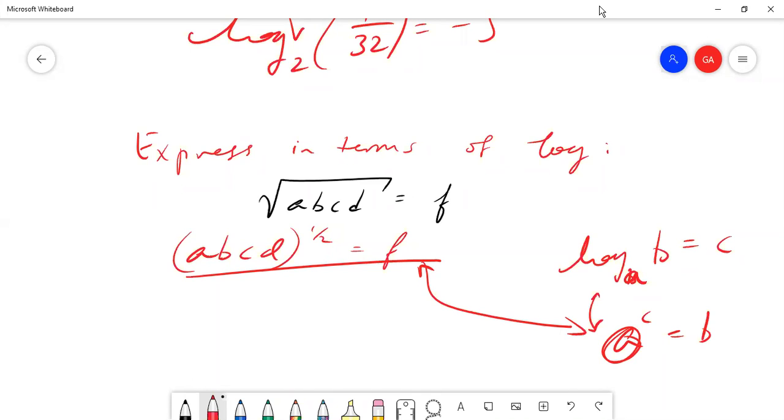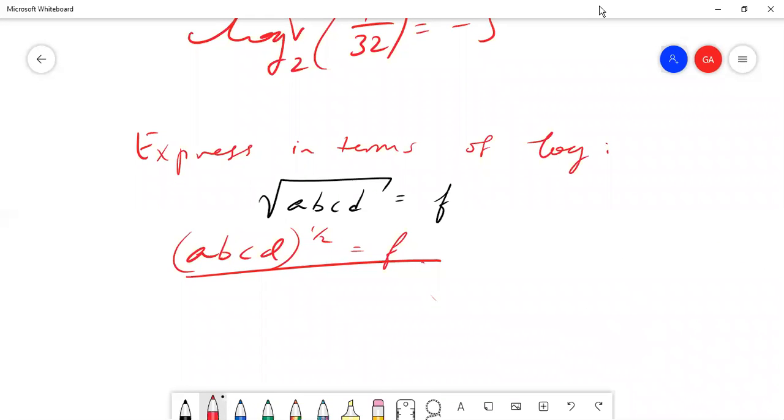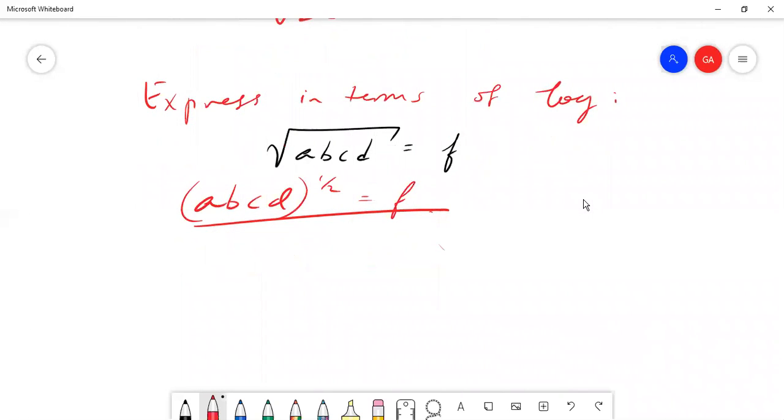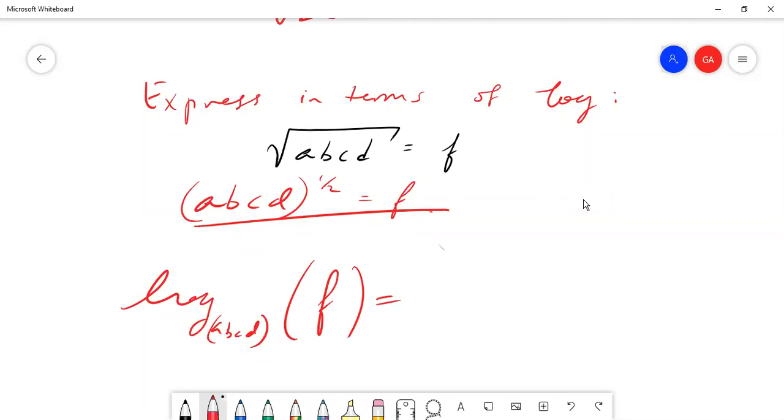The 1/2 is our C, and the right-hand side is our B. So now can someone immediately tell me what the logarithmic form of this thing is? Log of ABCD, so that the entire thing is our base, of F. Very good. Equals 1/2. Very good. Yeah, so it looks kind of funny because our base is this big ABCD nonsense, but this is the exact way you would write this as a logarithm.